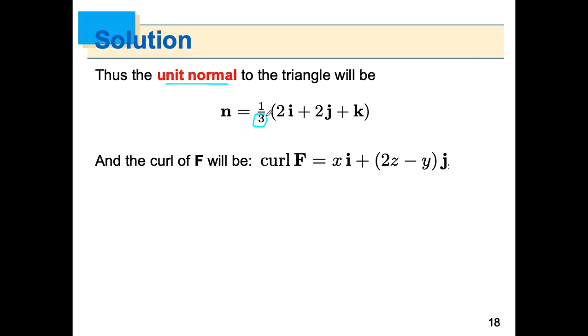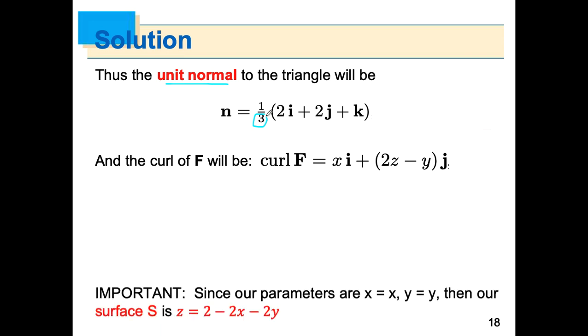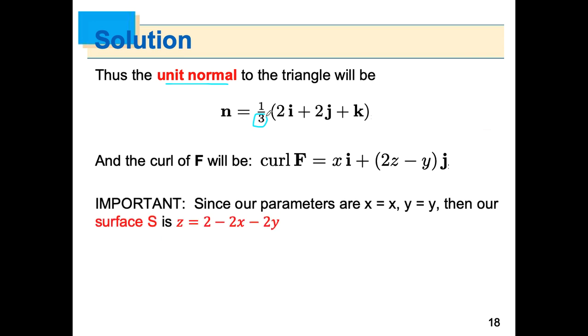But before we do, I want you to remember one important thing here. Our parameters here are going to be x equals x and y equals y. Therefore, our surface S is going to be z equals 2 minus 2x minus 2y. If you simply go back to the previous slide, you simply solve for z.